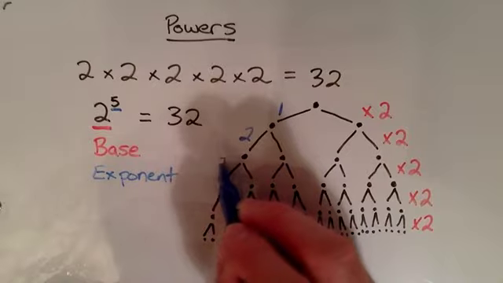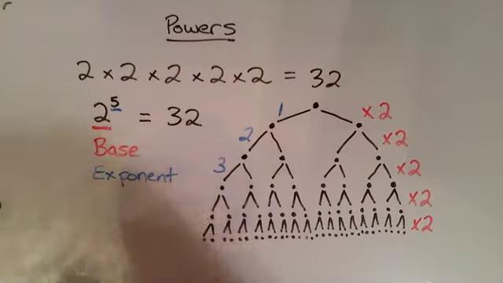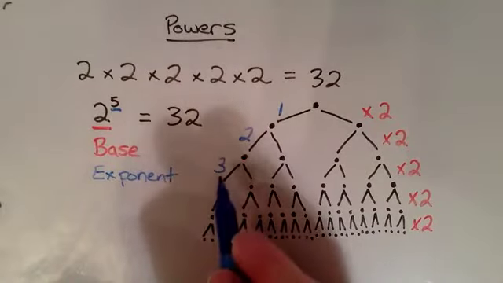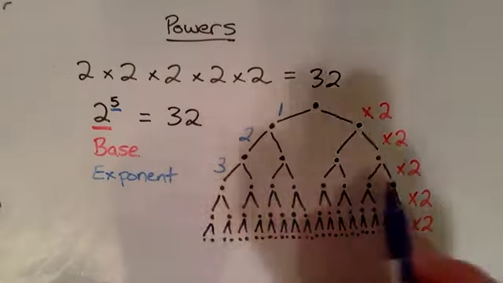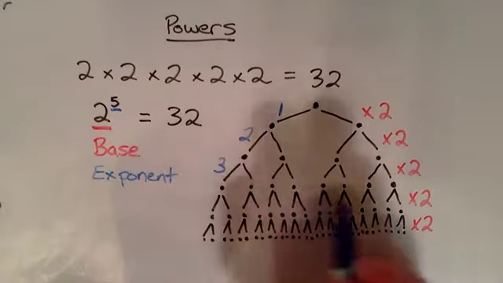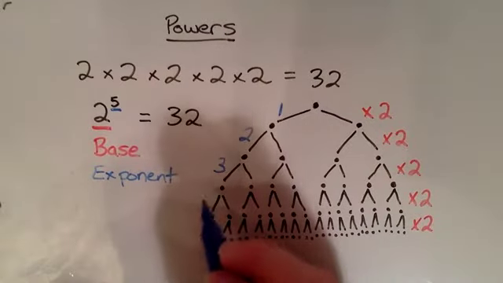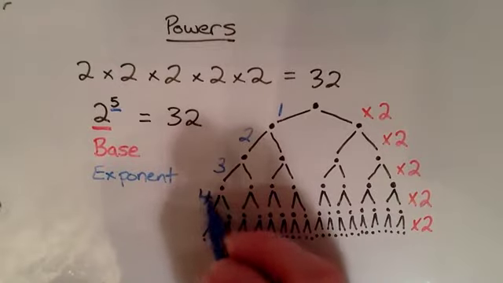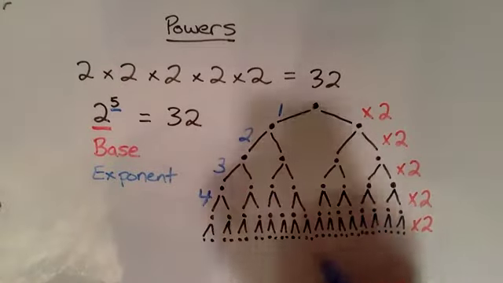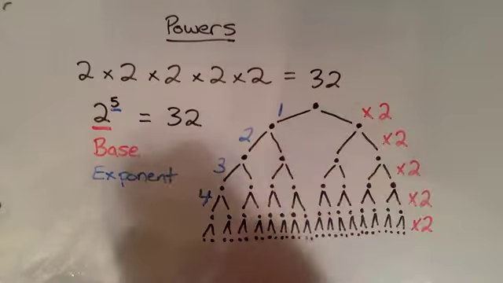On the third step, the third power, we had again multiplied everything by 2. So that brought us out to 8 items. And finally on the 4th power, it expanded again to be 16 individual items.